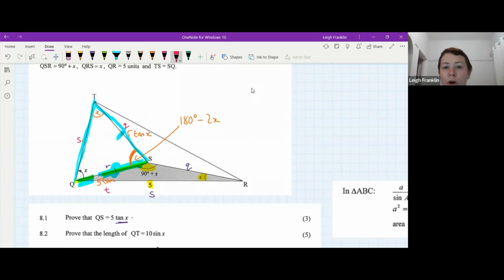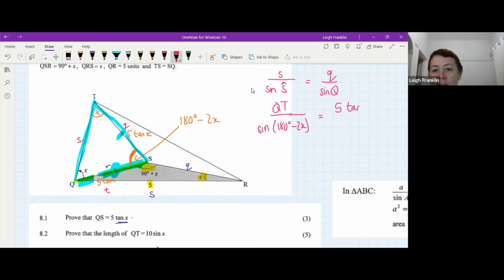All right, so what we've got is side S over the sine of angle S is going to be equal to side Q over the sine of angle Q, essentially. So little side S is our QT, that's what we want. The sine of angle S is going to be the sine of 180 minus 2x is equal to little side Q, so that's 5 tan x over sine Q, so that's going to be sine x like so.